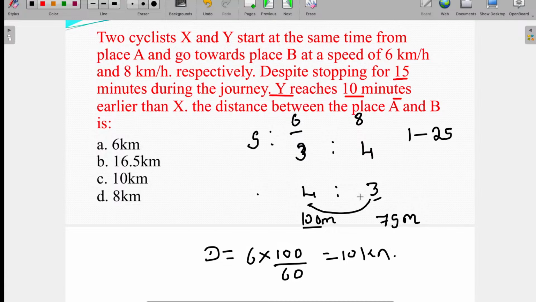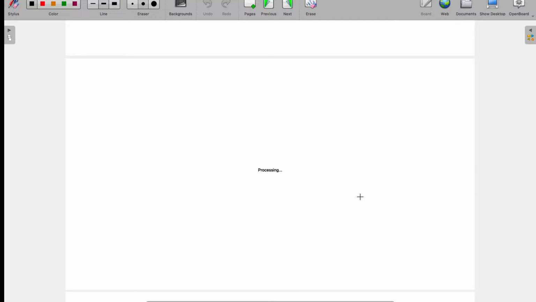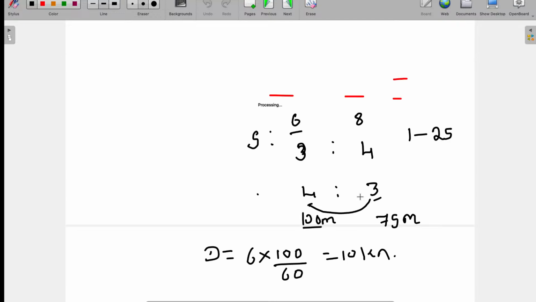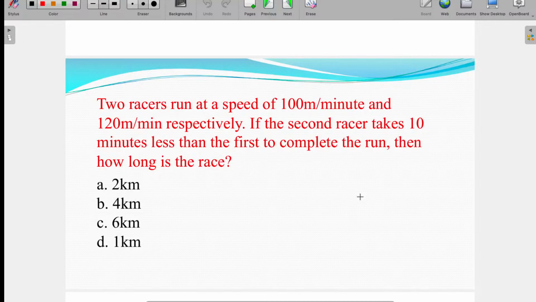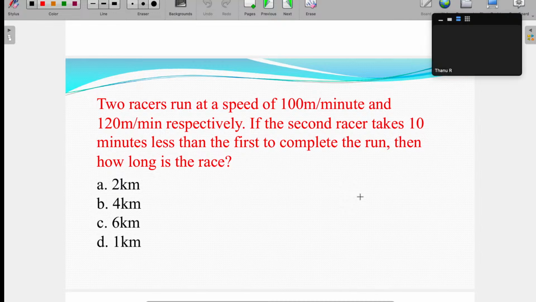Should we move on to the next? Is the writing over? Write on this. After this module I will go for coding and decoding also.